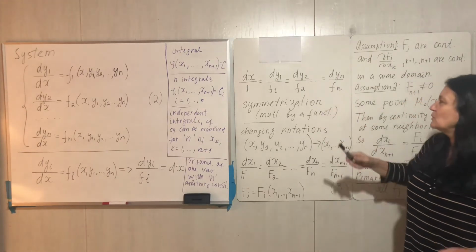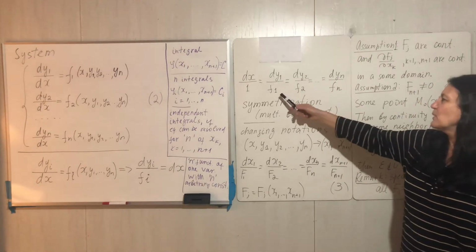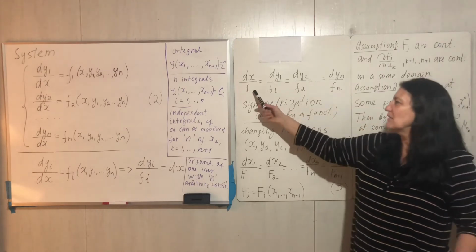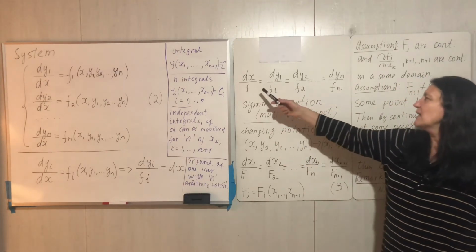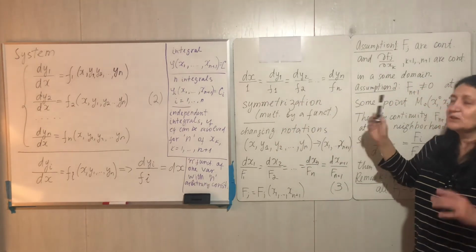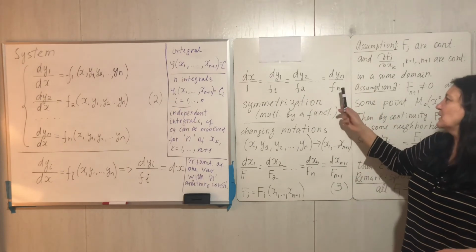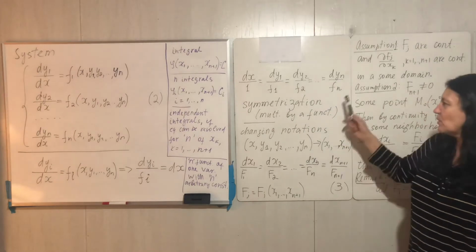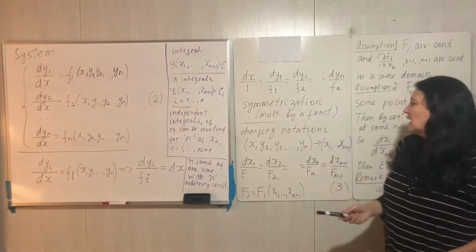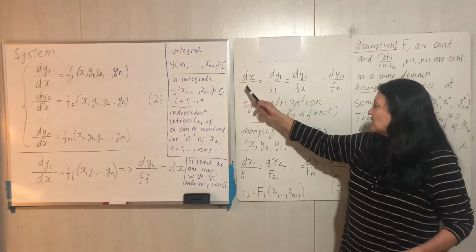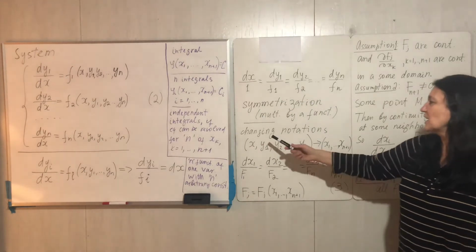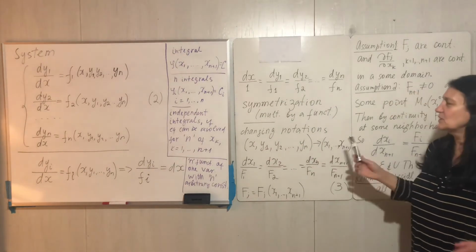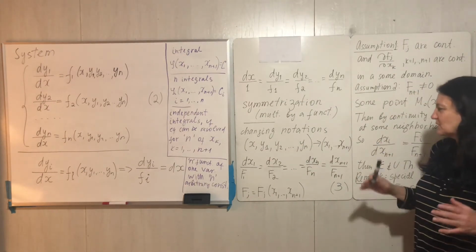And we can write it even in a more symmetric form. Because what do I mean by more symmetric? So here we have some functions f, here we just have 1. If we multiply everything by a certain function, then we will have some functions everywhere. And suppose we did this, and then we also can change notations just for the sake of having it more symmetric.